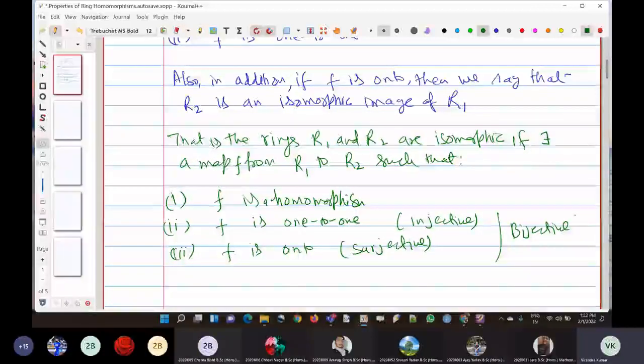Together, when we club these two, we call it bijective. So to show that two rings are isomorphic, we need to find a map which is a homomorphism, which is 1-1, and which is onto also. Three things we need to verify.